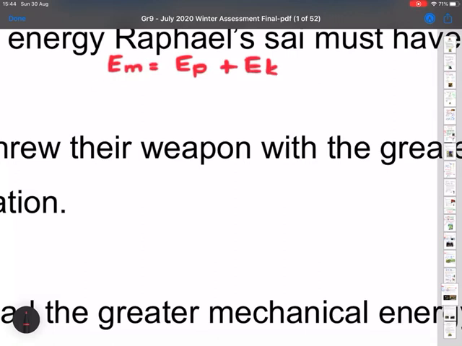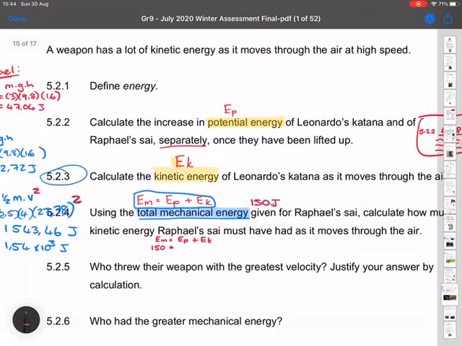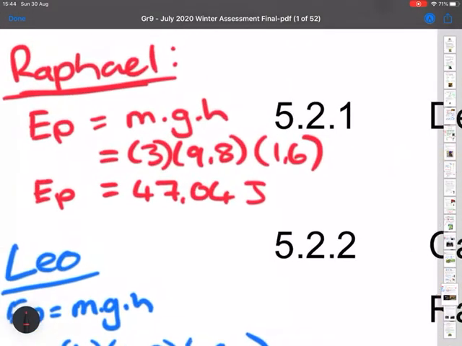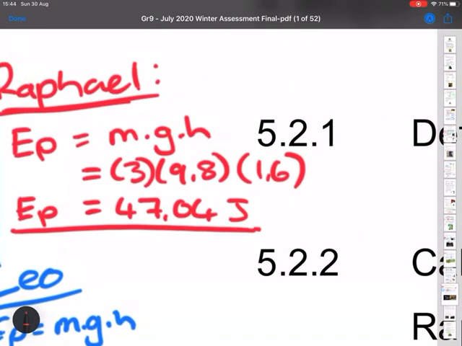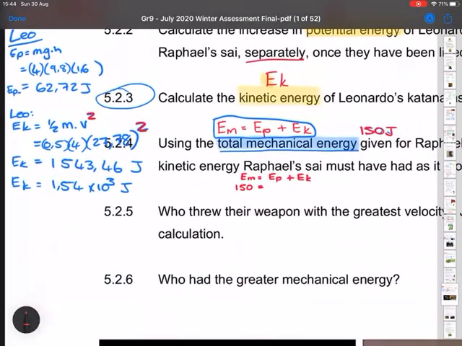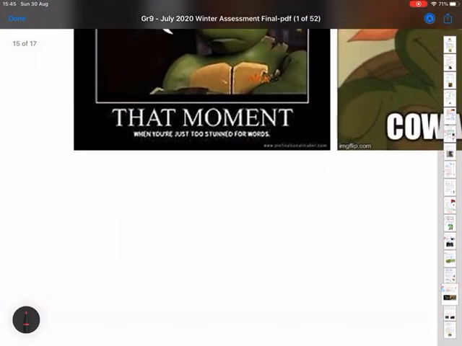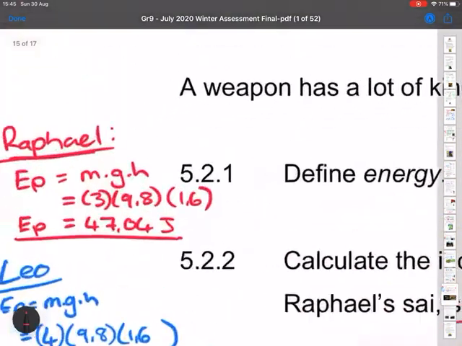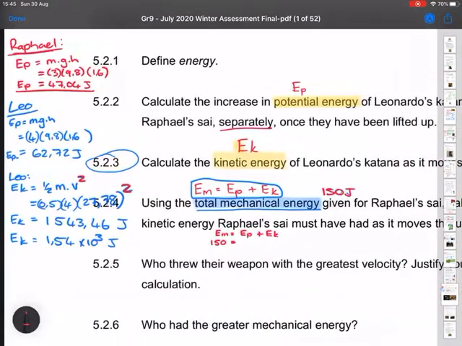You were told that the mechanical energy was 150 joules. The potential energy you calculated in question 5.2.2. The potential energy for Raphael was 47.04 joules. So Raphael's potential energy was 47.04.